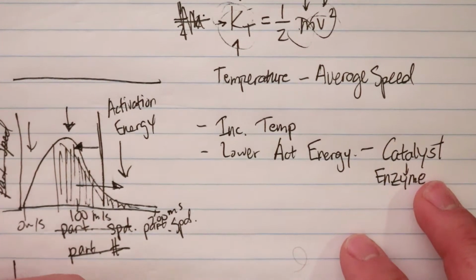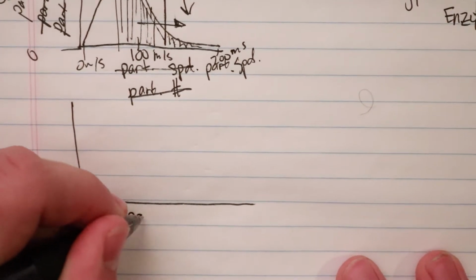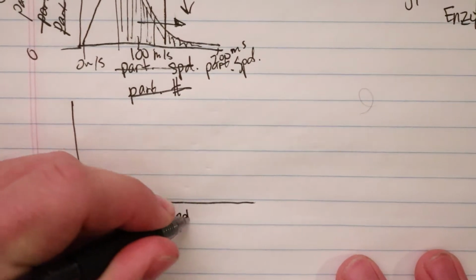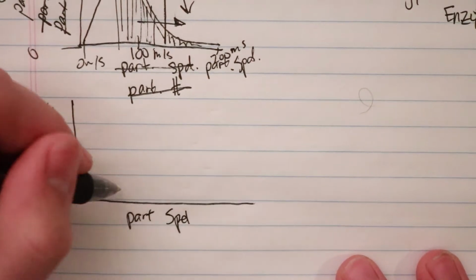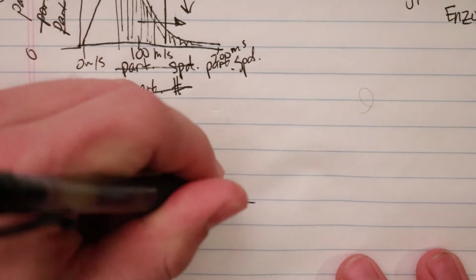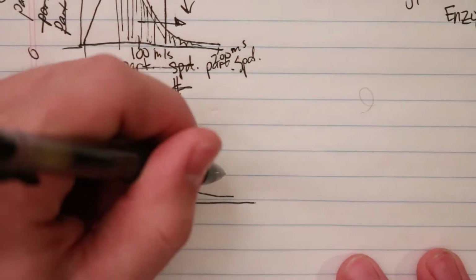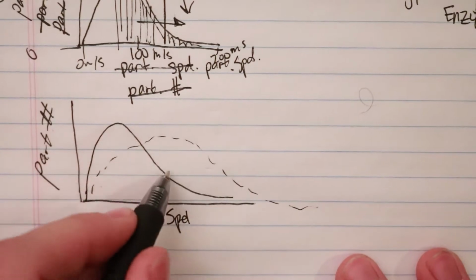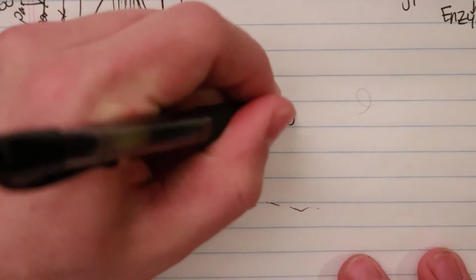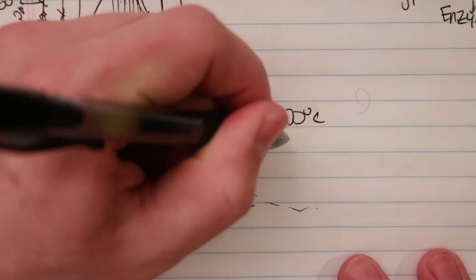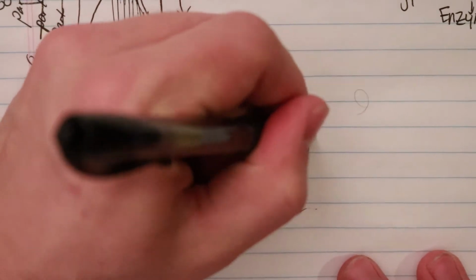And by increasing the temperature, I'm going to draw another graph here. We have particle speed here, and I have particle number here. And this is our normal distribution. And by adding heat, see how more of them moved this way. So this would be at like 100 degrees Celsius, and this would be at 300 degrees Celsius.